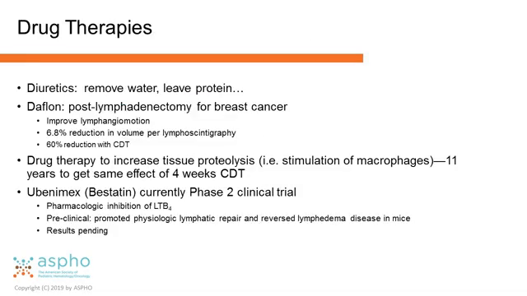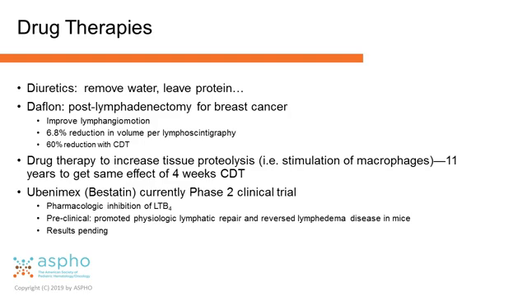There's also drug therapies that can be used. Diuretics are a concern for us because they remove the water and leave the protein. Well, if the patient's not on a diuretic for like a blood pressure reason, we'll usually ask the doctor if we can reduce the diuretic, because having that fluid in there will help to move that protein out of there. Daflon has been trialed for post-lymphadenectomy patients.